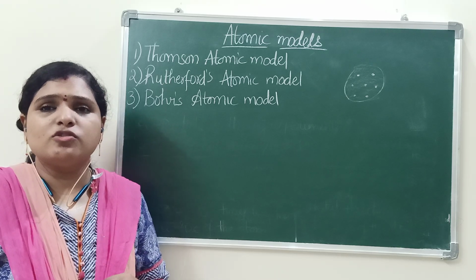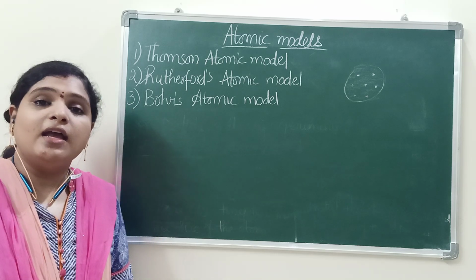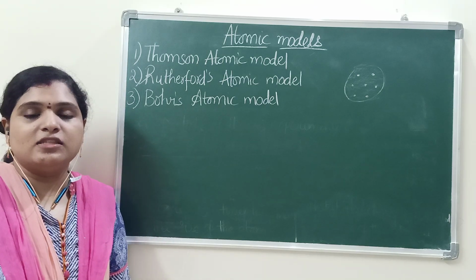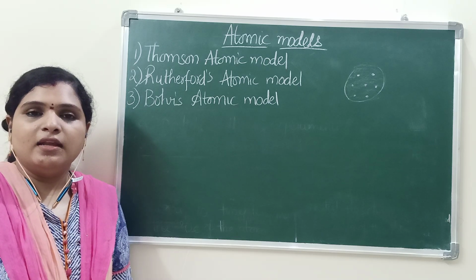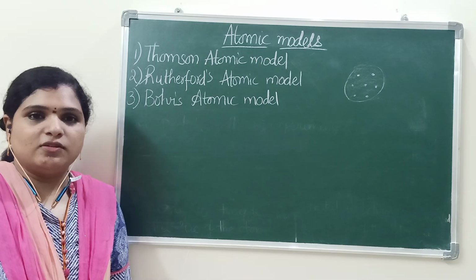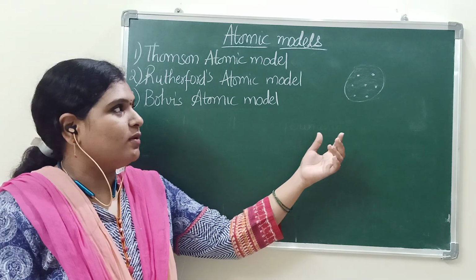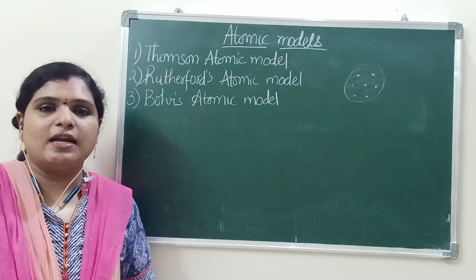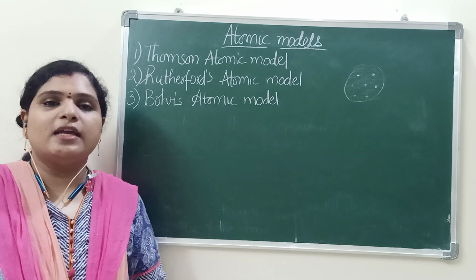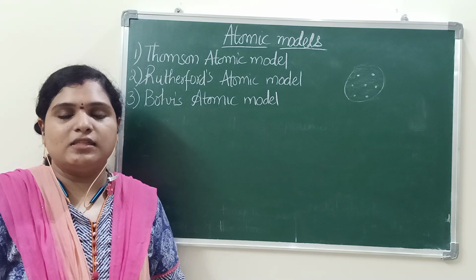But later on, many scientists conducted different tests to know the structure of the atom. The proposal given by the Thomson atomic model was not satisfied due to the experiments of different scientists.